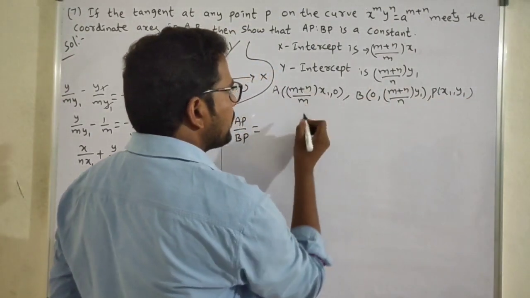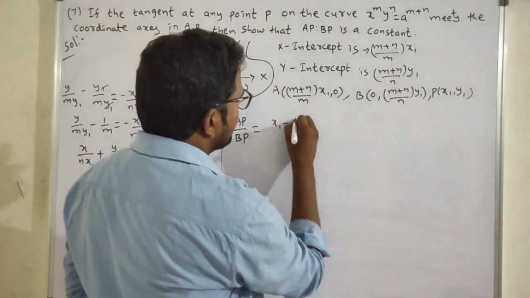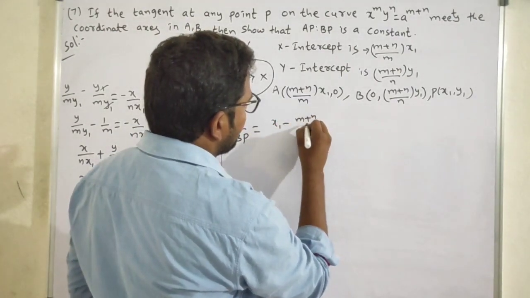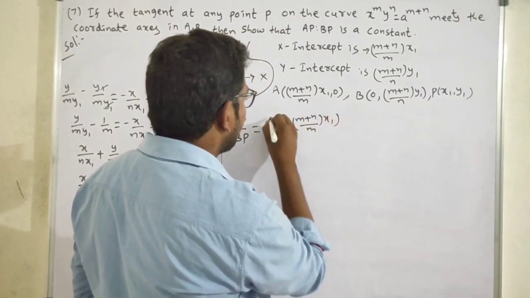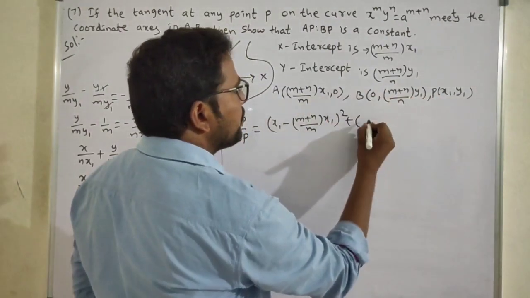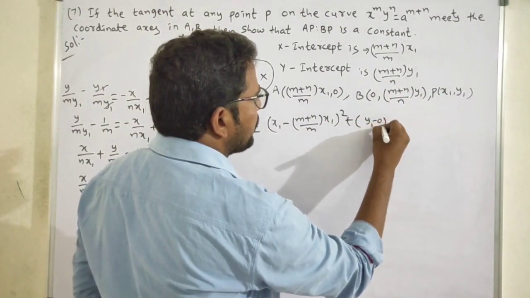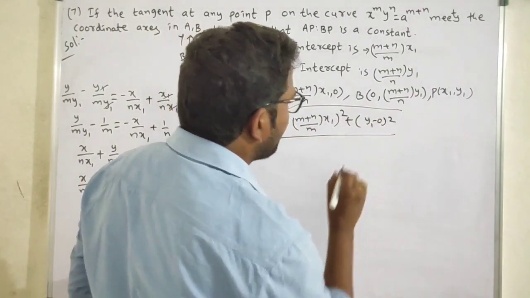Square root of (x2 minus x1) whole square plus (y2 minus y1) whole square. Here x2 means x1, so x1 minus (m plus n) by m into x1 whole square, plus y1 minus 0 whole square, under root. This is AP.